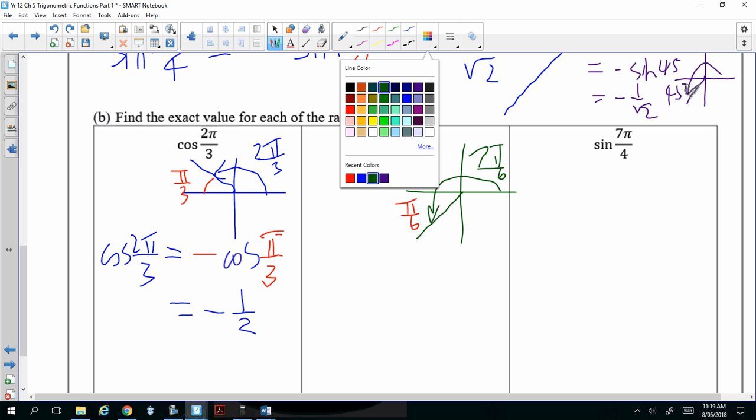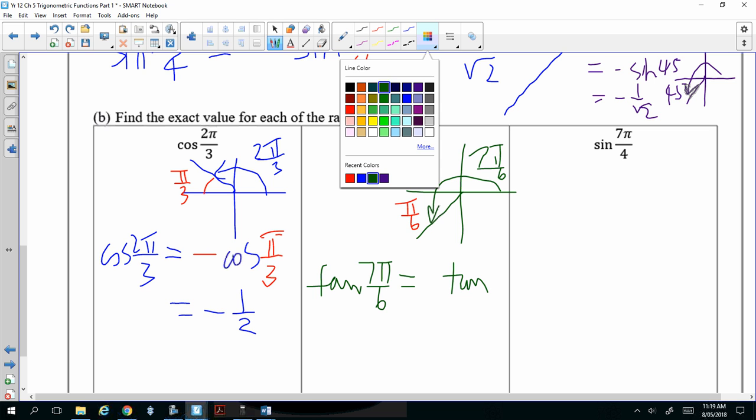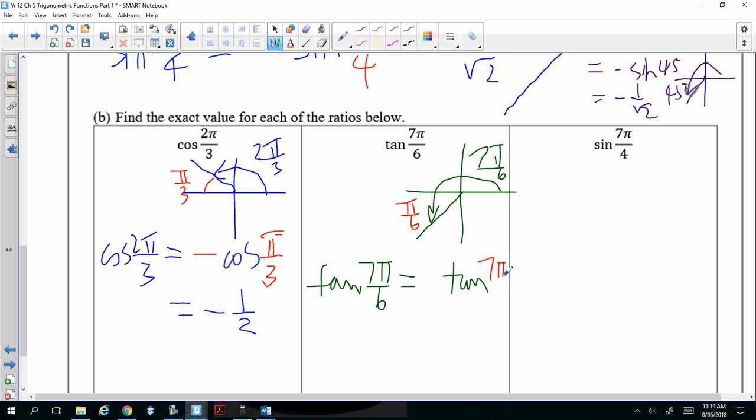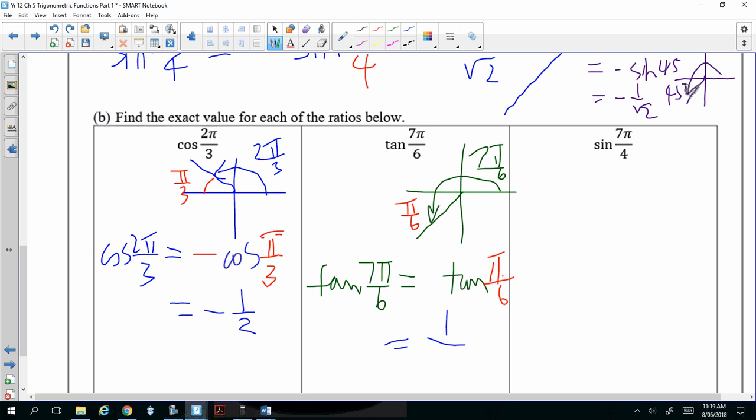Pi over 6. And what's tan pi over 6? It is 1 over root 3. So memorize the special ratios. And the last one is in the fourth quadrant with the related angle pi over 4. So sine 7 pi on 4 is negative sine of the related angle. Sine pi over 4 is 1 on root 2.